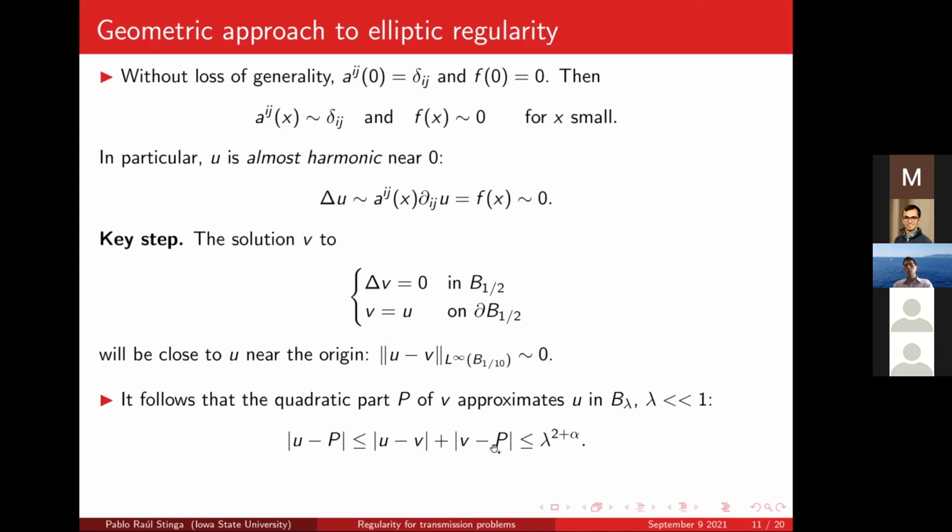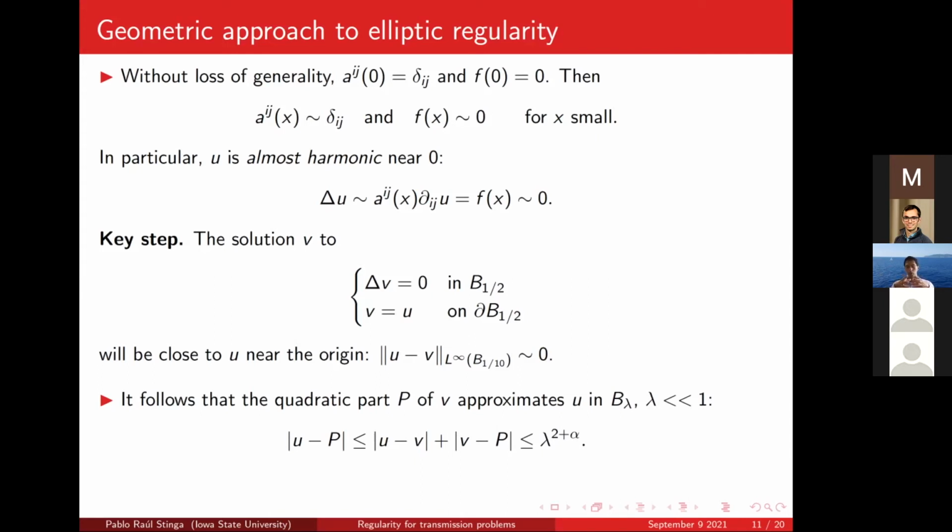And v is close to p, this difference is like x to the 3, if you want, because v is a C-infinity function, a smooth function, and p is its second-order polynomial, right? So then, in a very small ball, B lambda, the separation between u and p is of order lambda to the 2 plus alpha, because this was small and this is small too, right? So then, at scale lambda, u is close to a quadratic polynomial, right?